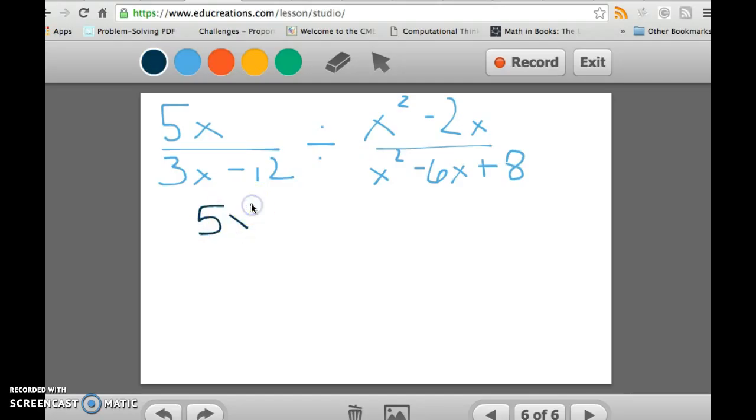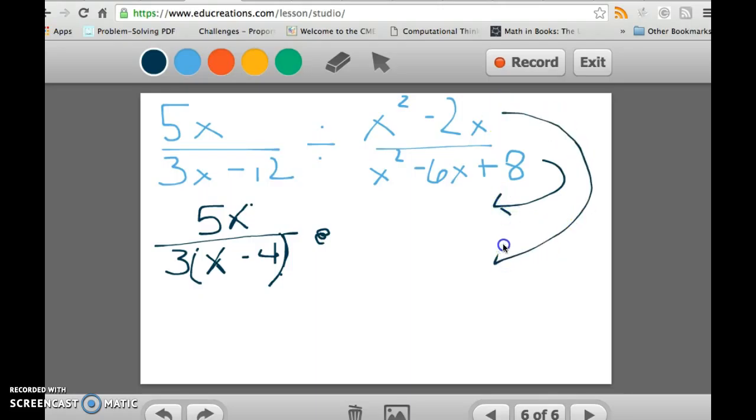Therefore, I can't factor 5x by itself, but 3x minus 12 I can factor, so I better do that. And then what I want to do is change my division into multiplication. So change that to multiplication, and what was on the bottom is going to go to the top, and what was on the top is going to go to the bottom.